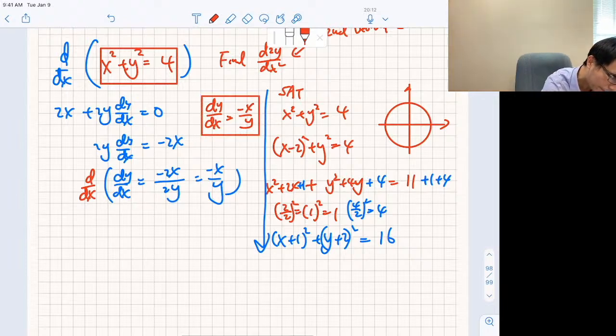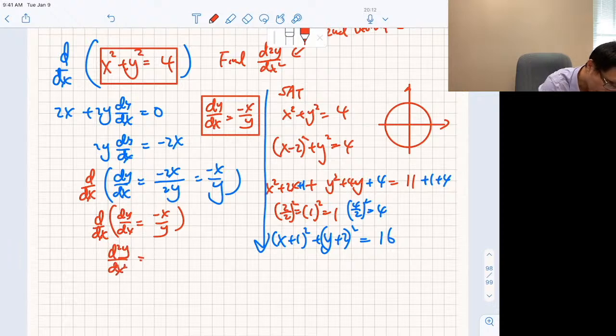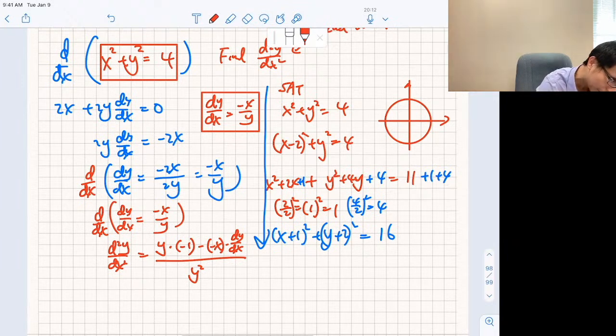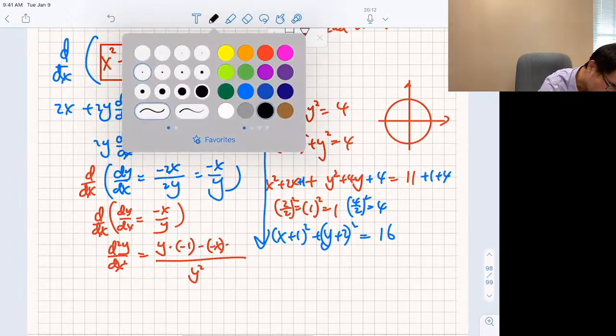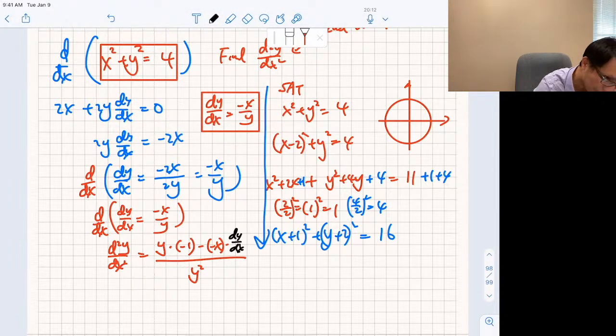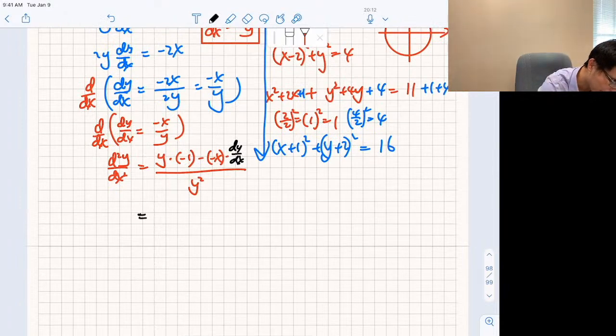So now, let's say I want to take d/dx of dy/dx equal to negative x over y. That means I'm going to get d2y/dx2 equal to low d high minus high d low over low. Now I'm going to change this to black, because if I change this to black, I know that one I need to go back and substitute.